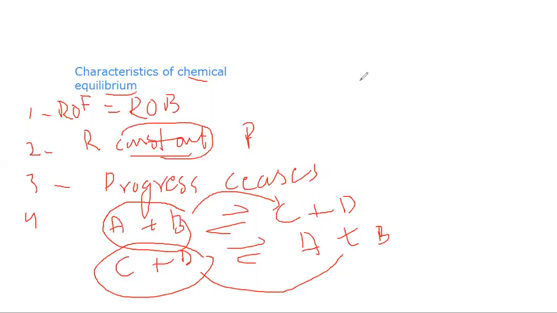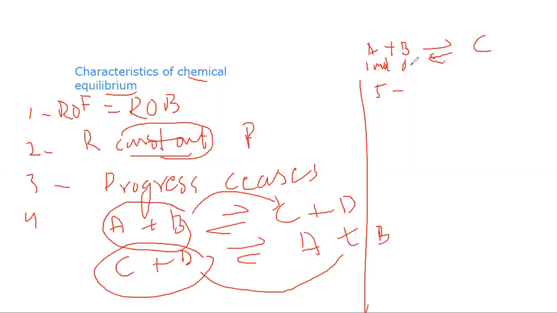Next, fifth one. At equilibrium, both reactants and products are present in a fixed ratio. What does it mean? For example, A plus B are reacting together and forming C. According to this characteristic of chemical equilibrium, at equilibrium A having 1 mole, for example B having 0.5 moles, and the product having, for example, 2 moles.